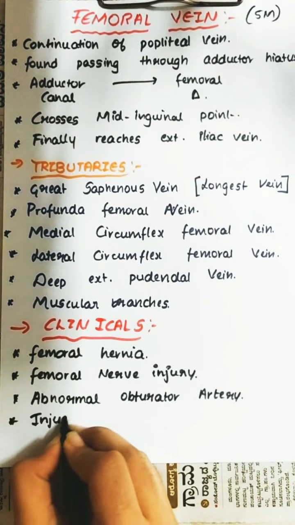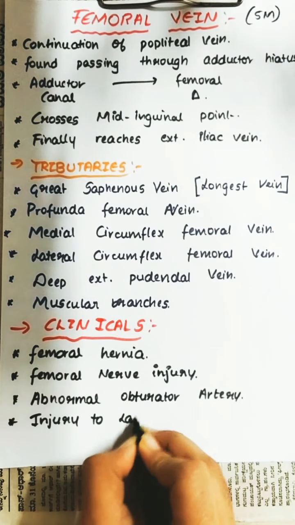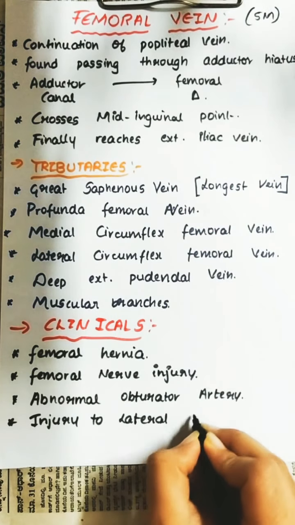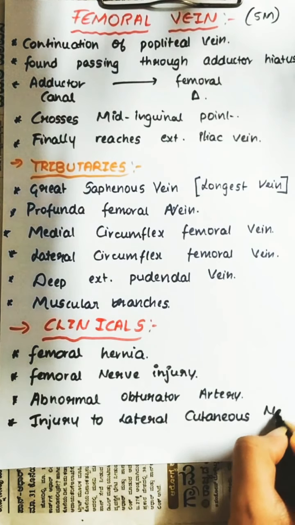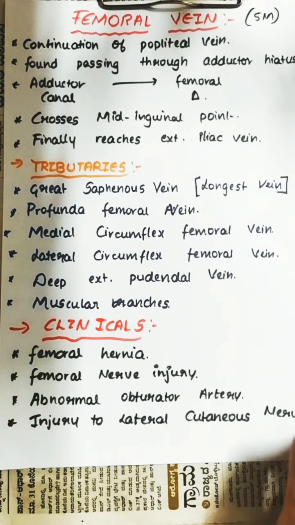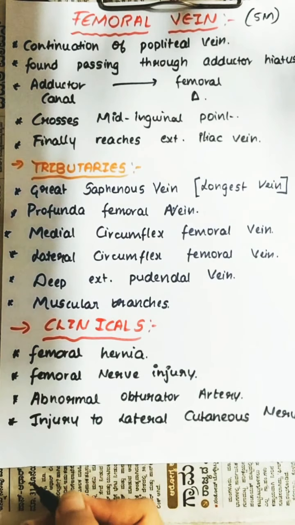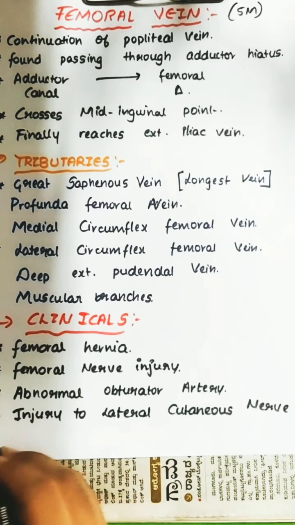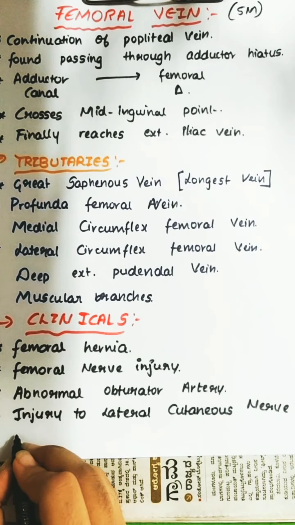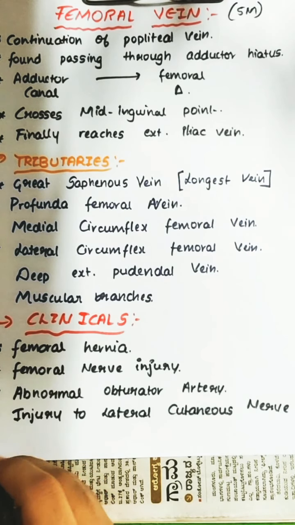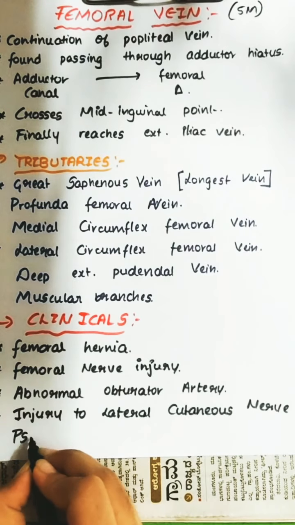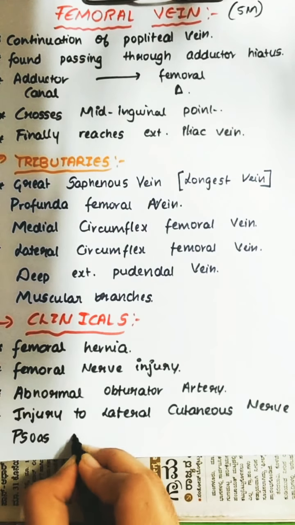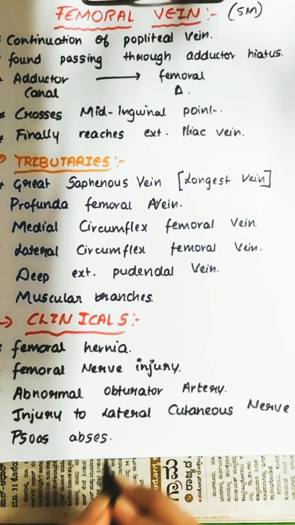There might be an injury to the lateral cutaneous nerve of thigh. There might be any abscess, any pus in the psoas major or psoas minor area. There might be psoas abscess.